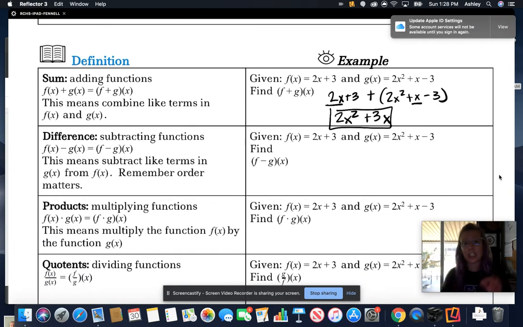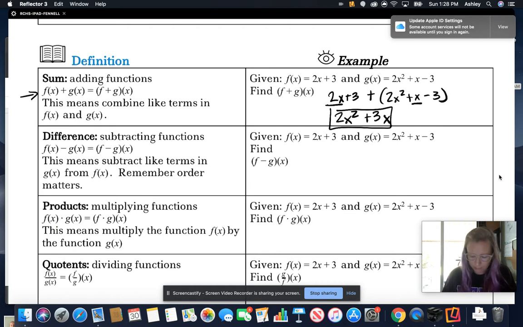Same idea with subtraction, just a word to the wise. The most common mistake here is that students forget to distribute the subtraction to all the terms in the function you're subtracting. And I should probably spend a little time looking at the way this is written.